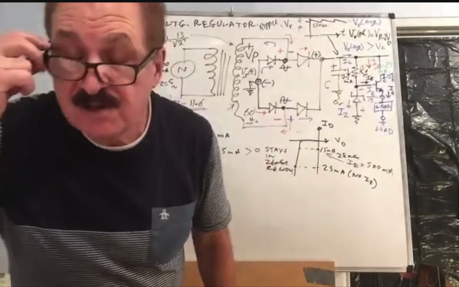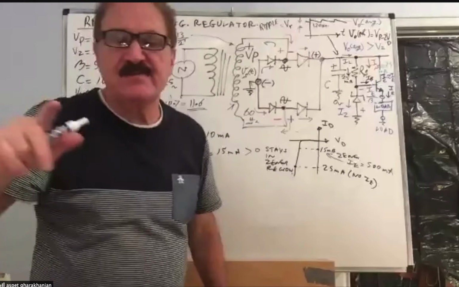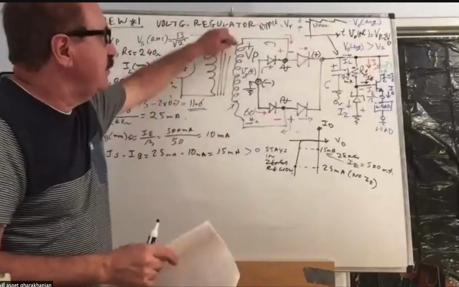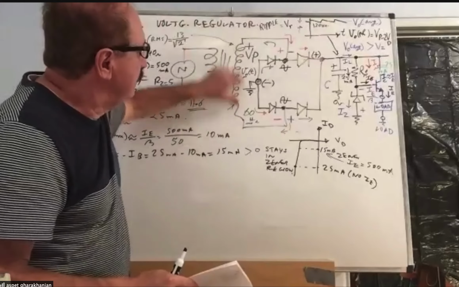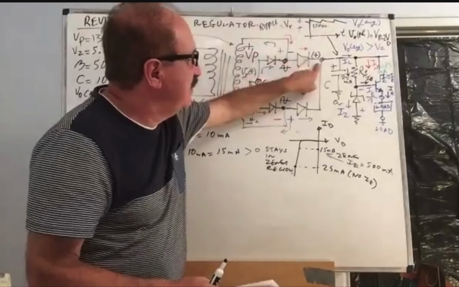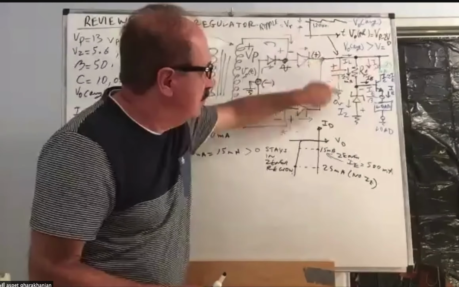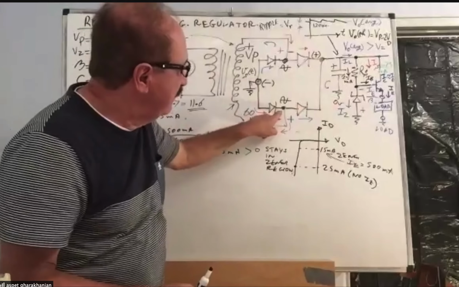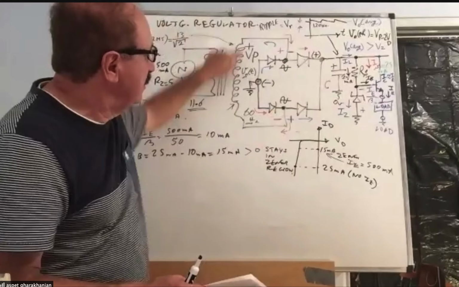Yes, you have a question? I don't understand the calculation you did to find V peak, like the voltage. V peak? Okay. V peak comes from here. See, that's VP. You lose 0.7 in here, and when it goes through the other diode, you lose another 0.7 in this one, then back to the VP.